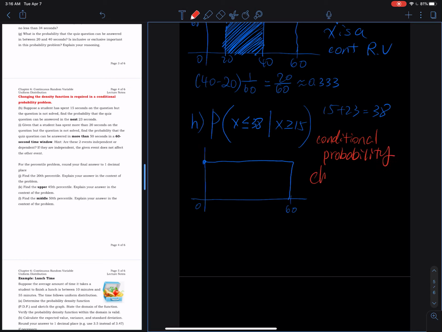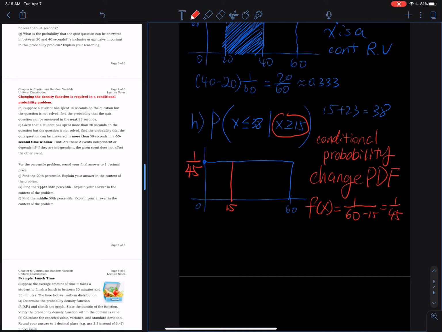We have to change the PDF from what to what. It is f of x. The highest is still 60. Since that is a 15, we have a 15 right here. The minimum is now 15, so 60 minus 15 equals 45, and the height is 1 over 45. This is 1 over 45 now. It's no longer 1 over 60.